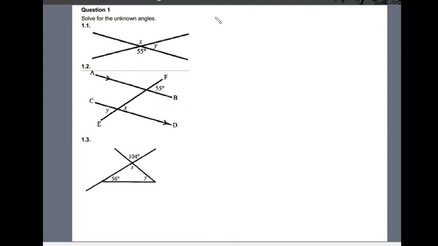So what we know about vertically opposite angles is that vertically opposite angles are equal, and that the sum of angles around a point is equal to 360. So to solve question 1 sizosebenzisa lama concept lawa yi-2, vertically opposite angles and the sum of angles around a point.